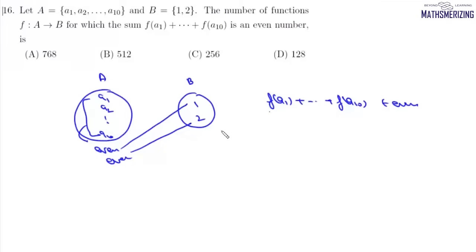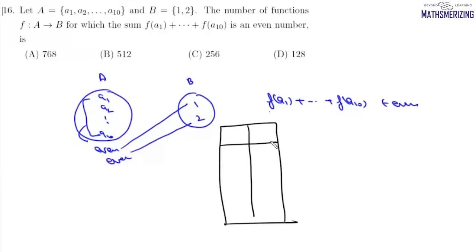Now what we'll do is make a table of all such possibilities. Here we let the number of f(ai) which are mapped to 1, and here the number of f(ai) which are mapped to 2. One such way is when this value is 10 and this is 0.